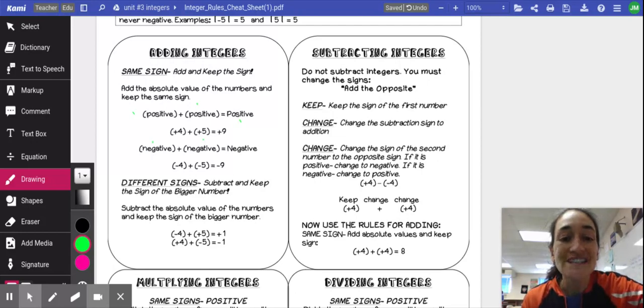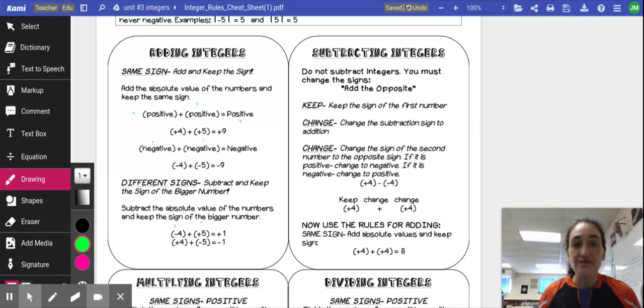If the signs are different, and this is where the math will look a little funky. We are adding these together, but if you have a negative and a positive, whichever number is larger in value, like if you had a negative 4 but a positive 5, a 5 is a greater number than a 4. Therefore, it gets to keep its sign. Since it was a positive 5, your answer will be a positive answer.